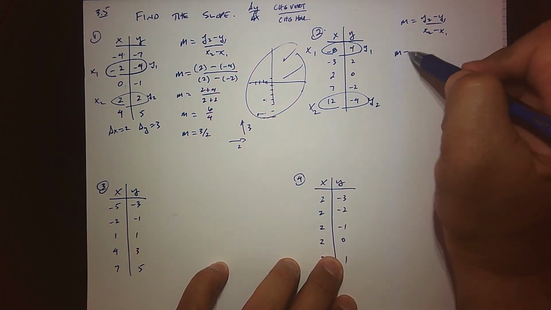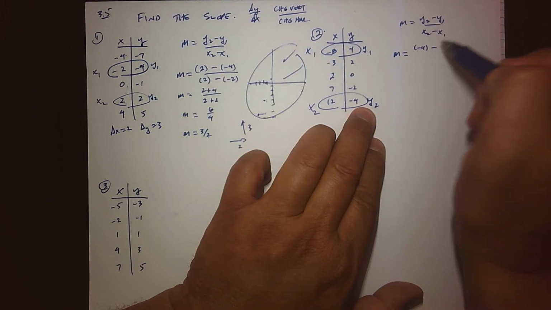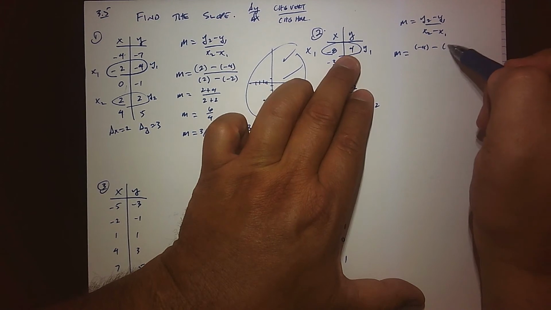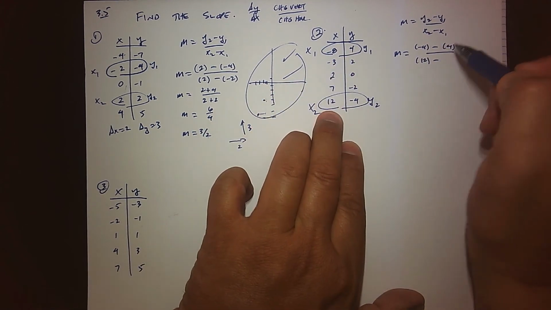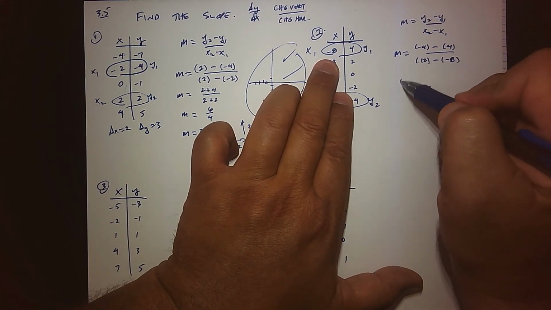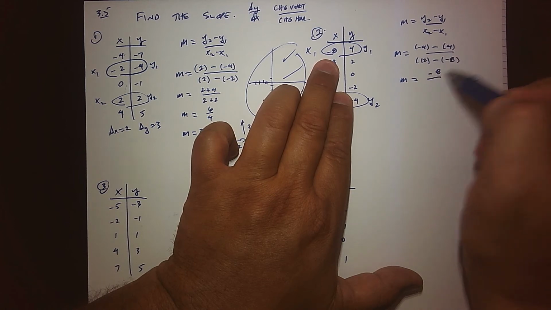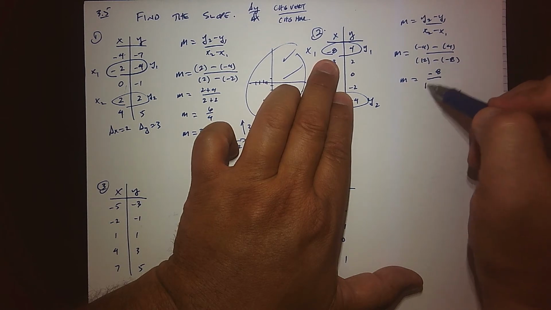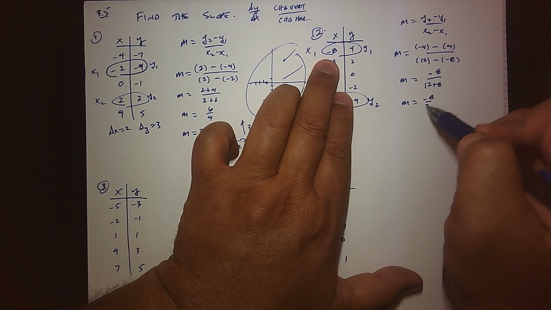So plugging into my formula, right, my y2 is -4, my y1 is +4, my x2 is 12, and my x1 is -8. And so upstairs, -4 take away -4, -4 minus 4 is -8. 12 take away -8 is 12 plus 8, and we get -8 over 20.